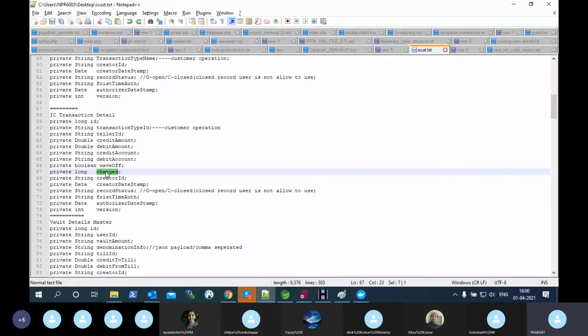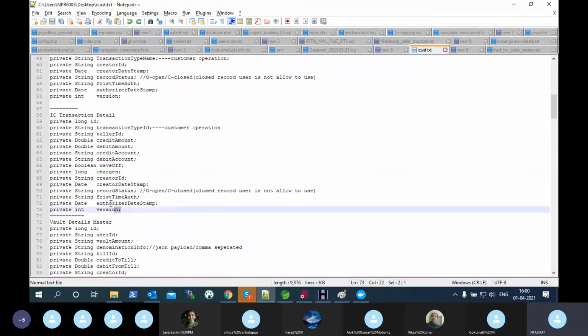Does anyone have confusion between waive off and charges? Waive off means we are not charging the customer; we are simply leaving that charge for that particular customer. For some privileged customers, they are given the facility that we will not charge for that operation. Some transactions will be chargeable and some will not be chargeable, and in that case it will be zero.